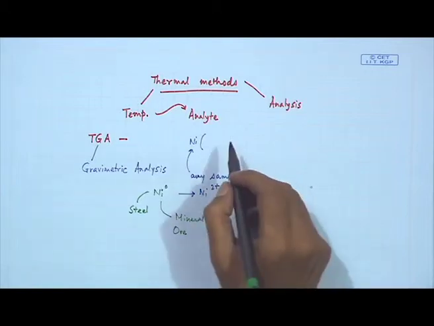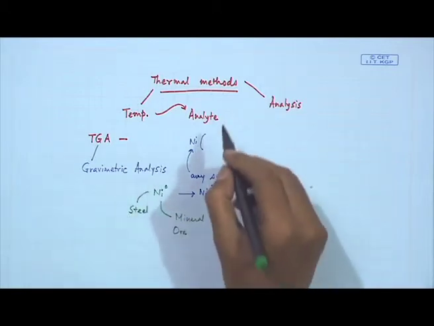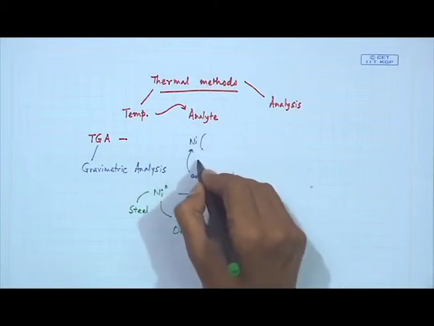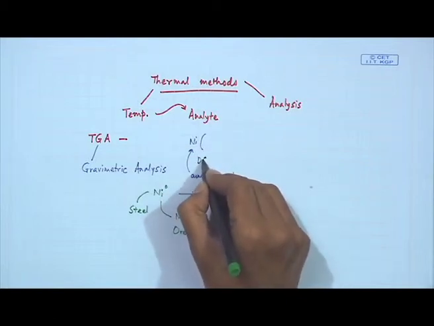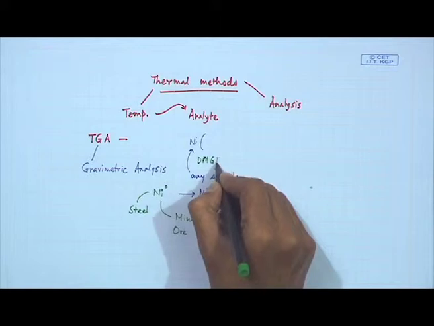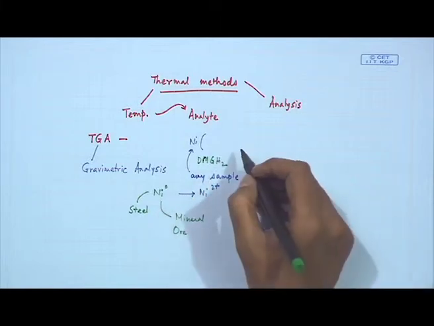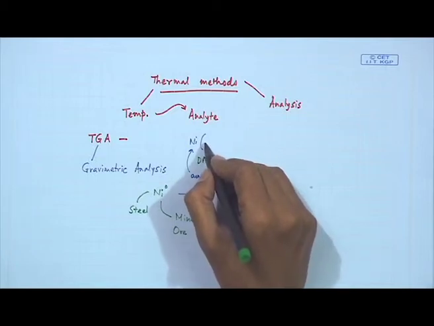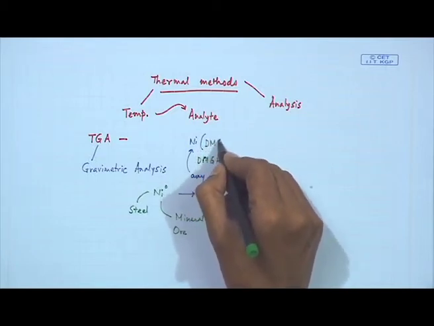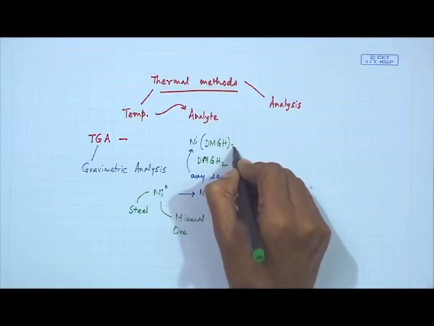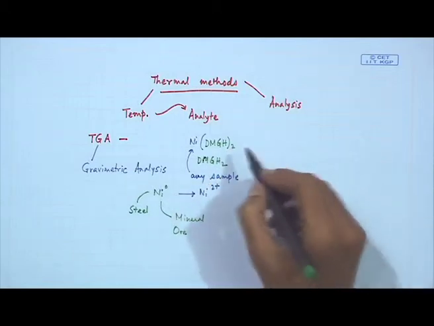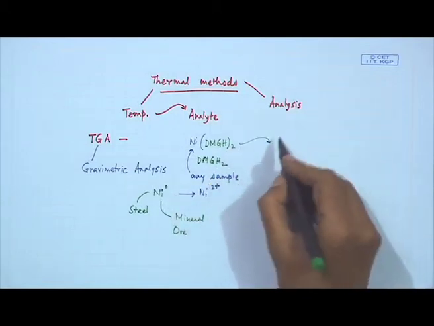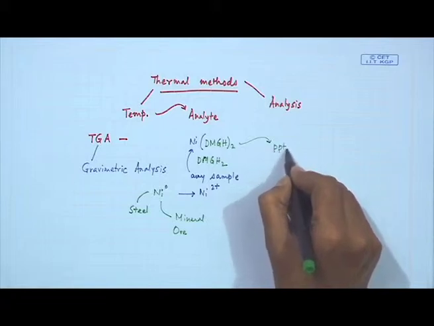For simple gravimetric analysis we use dimethylglyoxime as the chelating agent, and we get a rose red colored precipitate of Ni(DMGH)2.